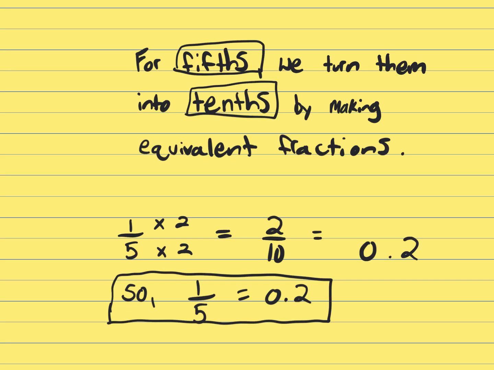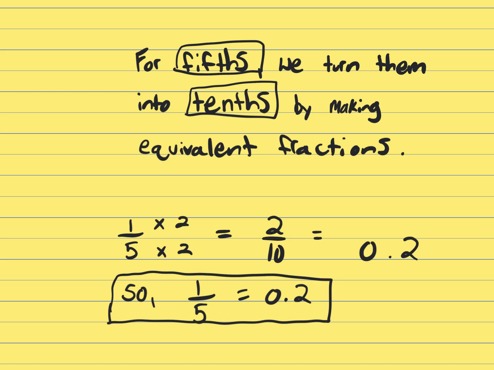But what about fifths? Okay, fifths are a little bit trickier. It says for fifths, we turn them into tenths by making equivalent fractions. So here's an example down here. If I have 1/5, I don't have a fifths place. Remember, I have tenths, hundredths, thousandths.